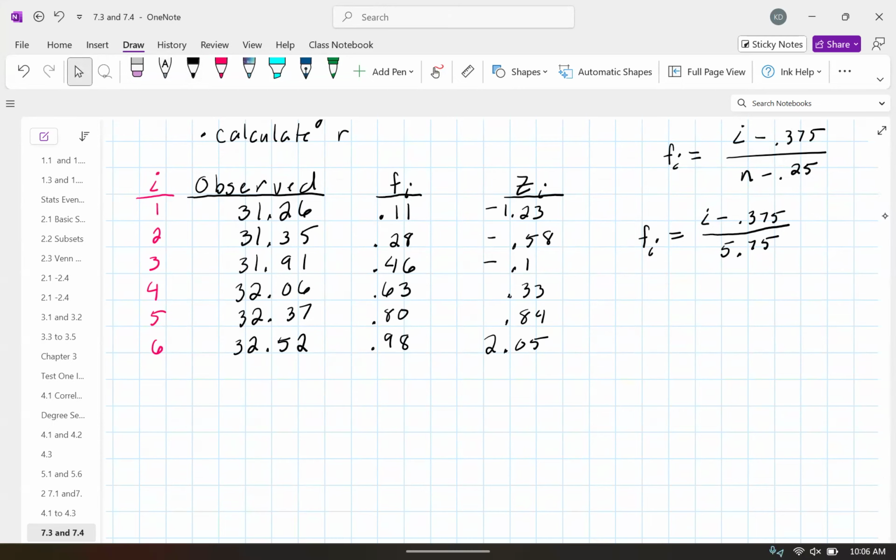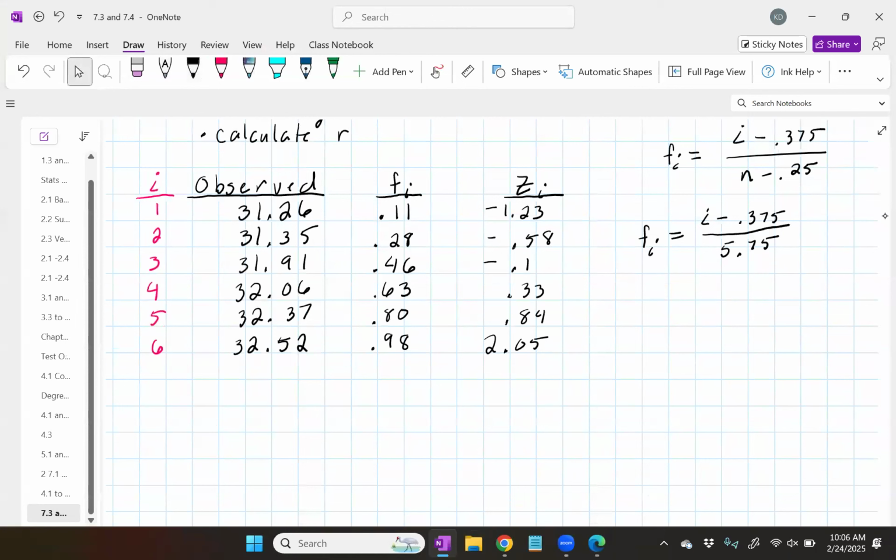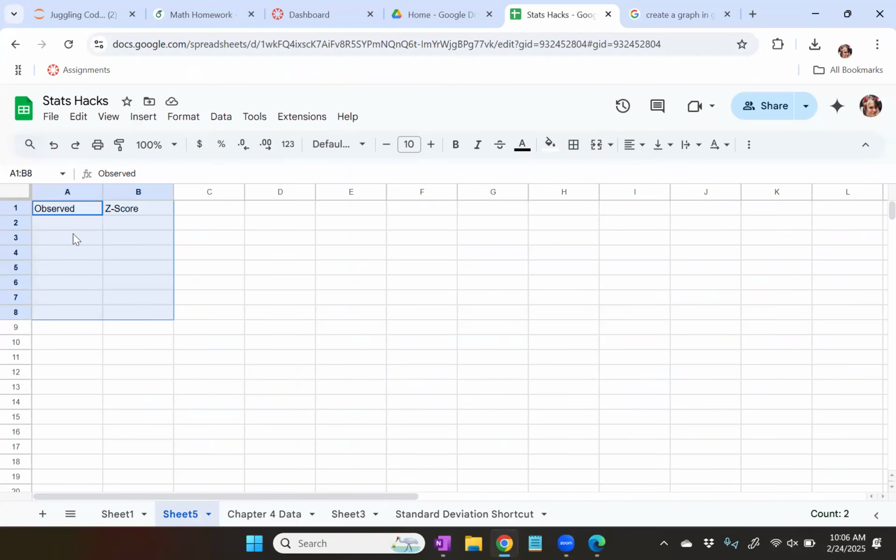All right. We need to take our observed data and our Z-scores. So I'm going to flip to my Google Sheets. Yeah. So I'm going to put those in here, 31.26, 32.37 and 32.52.